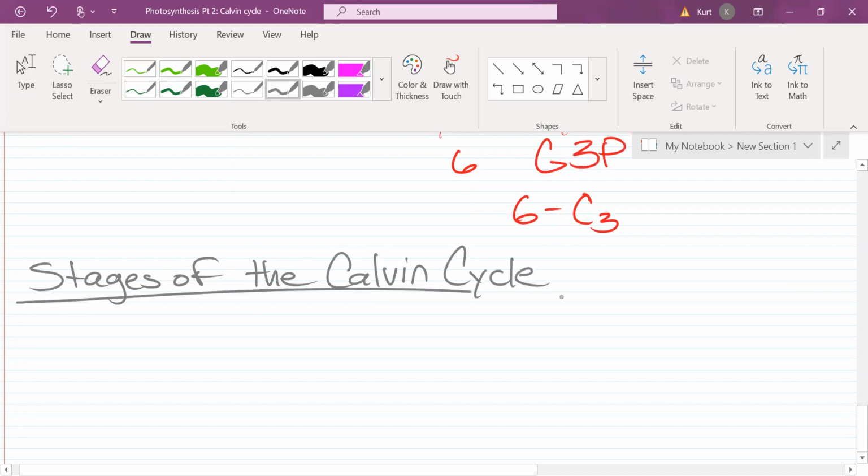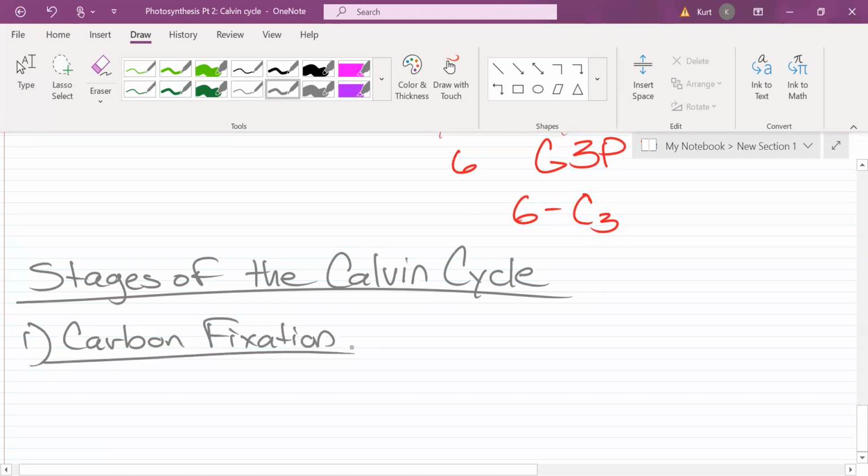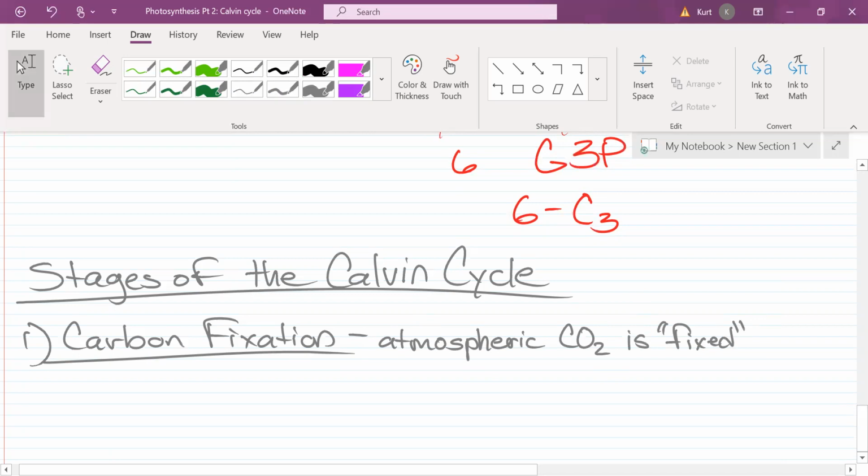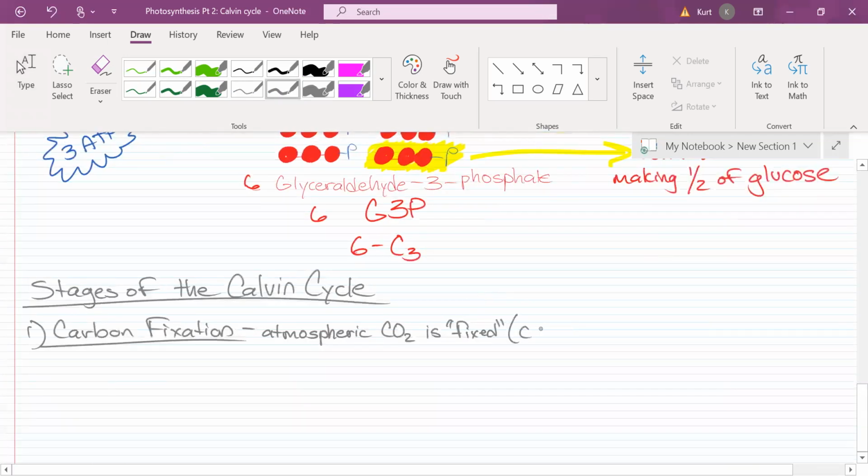Let's go over what's happening in each of them. Step 1, carbon fixation. In carbon fixation, atmospheric CO2 is fixed, and whenever you see the word fixed, it typically means captured.